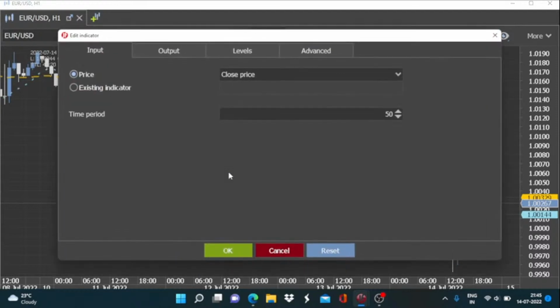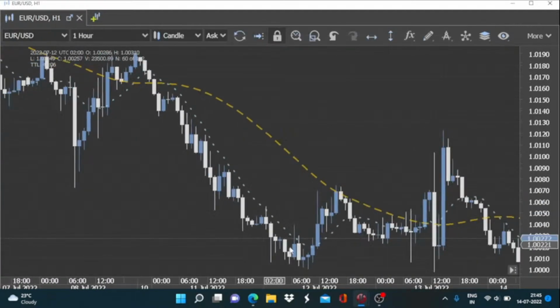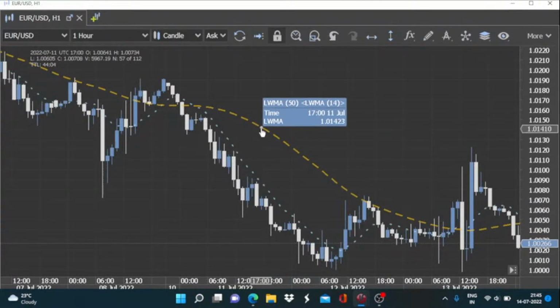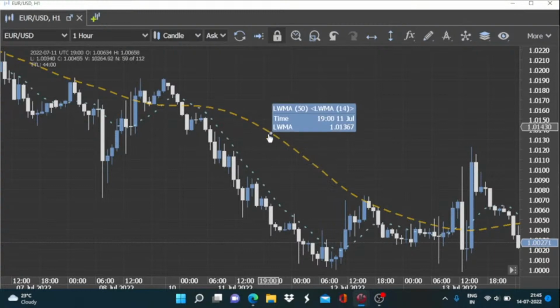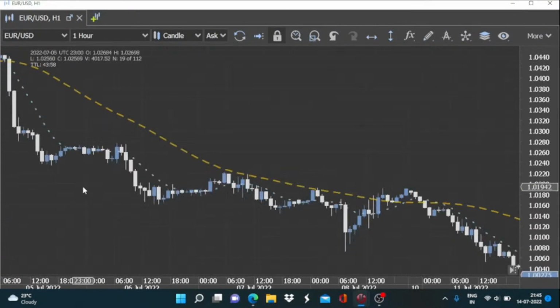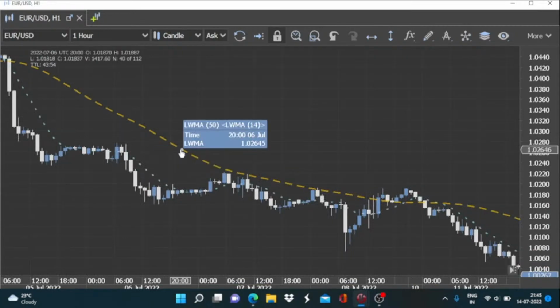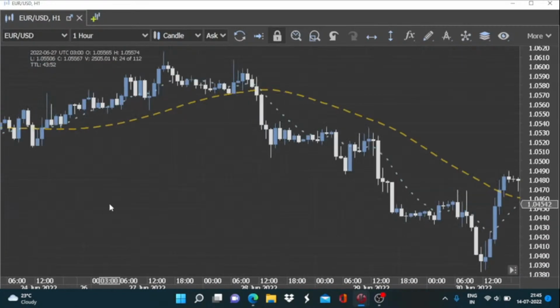Now coming to other options provided to us, we can also take a LWMA of the existing indicator. If you want the LWMA to be taken off this another LWMA of 14, you can do that as well. You will have this plotting a lot smoother, as the applied price is this LWMA, not the closing price of the candle. So this is the derivative of this 14 LWMA, and because of that there is a lot more smoothing.